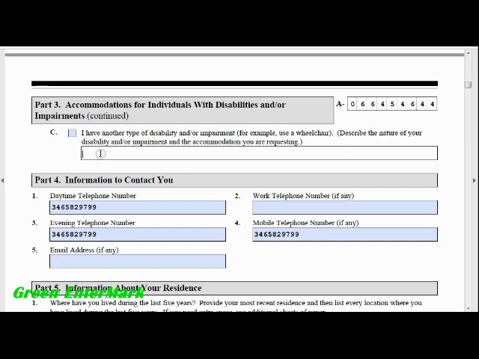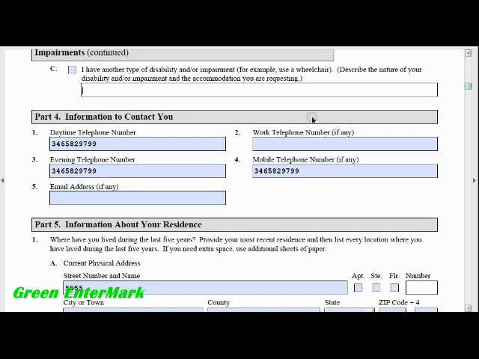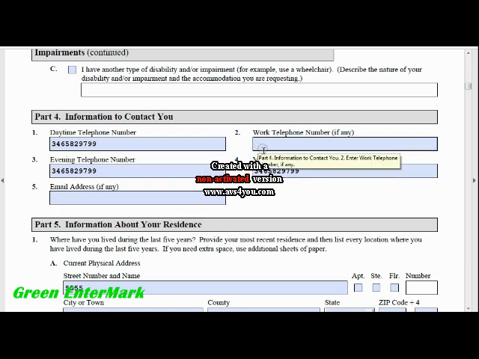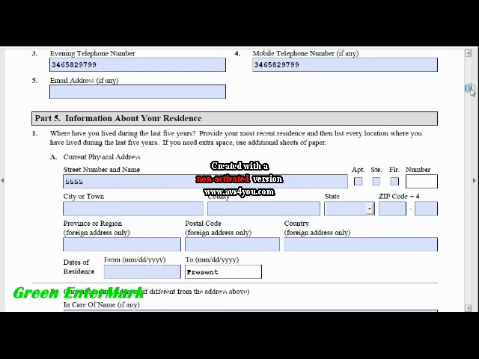Now, Part 4, information to contact you. There are telephone numbers, daytime, evening, email address, and work or mobile telephone. You have to mention them here. Then information about your residence.